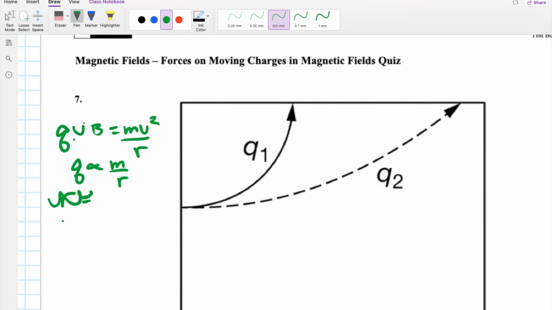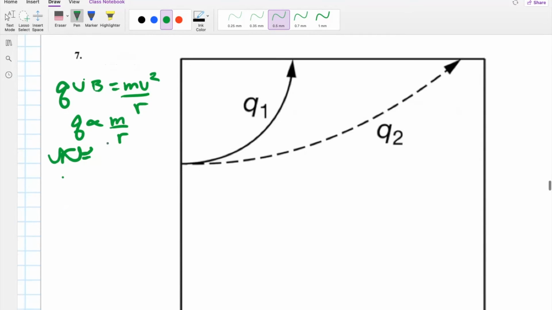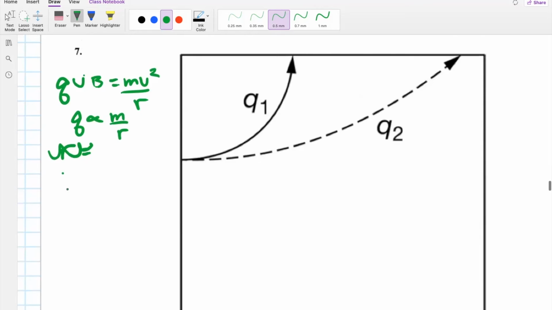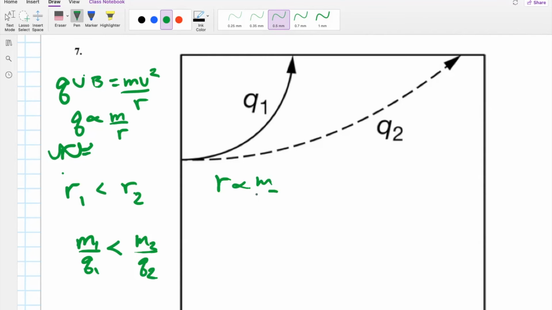The other parts don't really matter, but we're going to be looking at these radii. We know that the radius of curvature for charge 1's path is going to be less than the radius of curvature for charge 2. So that's going to be m1 over q1 is going to be less than m2 over q2. In case you were wondering, I said r is then going to be proportional to m over q.